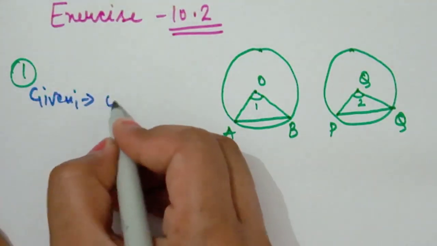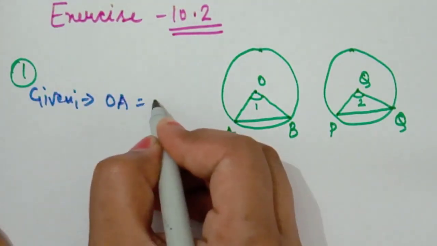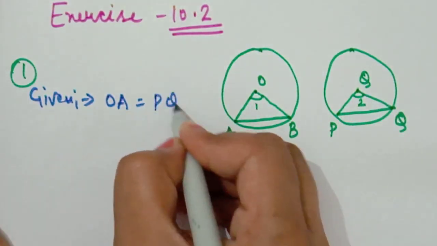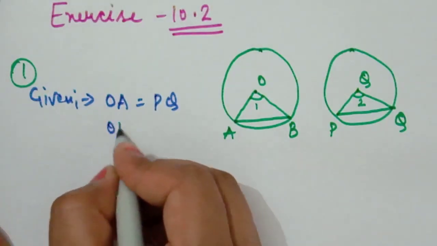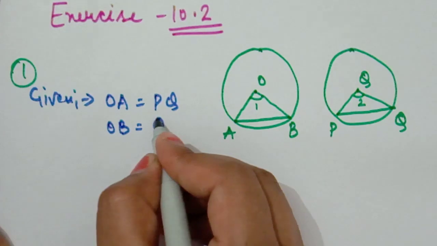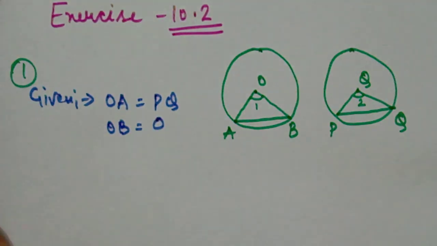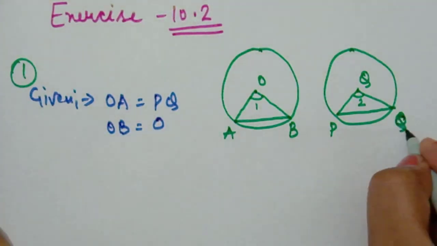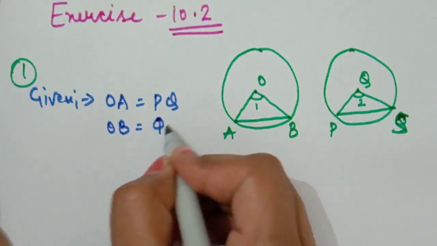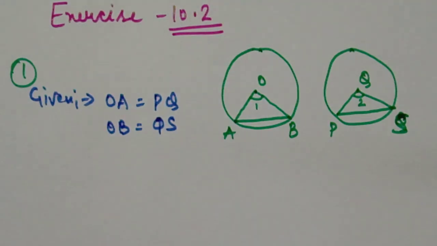Given is OA is equal to PQ and OB is equal to, sorry, we have to change the name, so we will mark it here as S. So OB is equal to QS, because the radii are equal, and if radii are equal then the corresponding parts are equal because the circles are congruent.